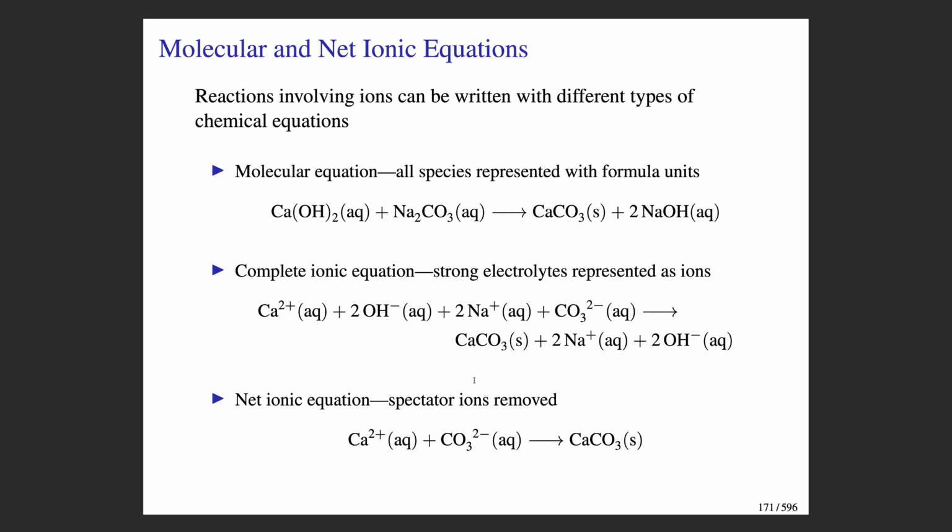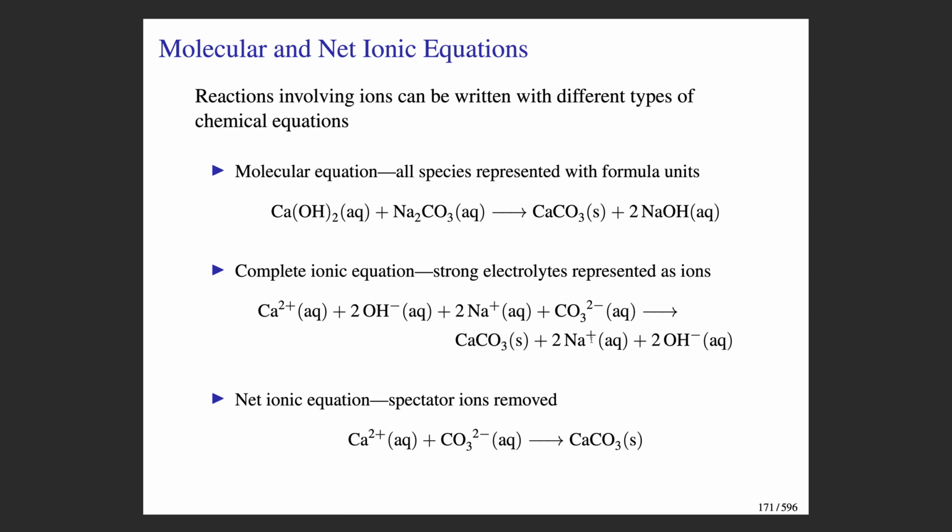It shows us which species are present as ions and which ones are not. You'll notice that a few of the ions appear on both sides of the chemical equation. So the hydroxide appears on both sides, the sodium appears on both sides. This is a little bit redundant, and so we can actually cancel out the species that appear on both sides.